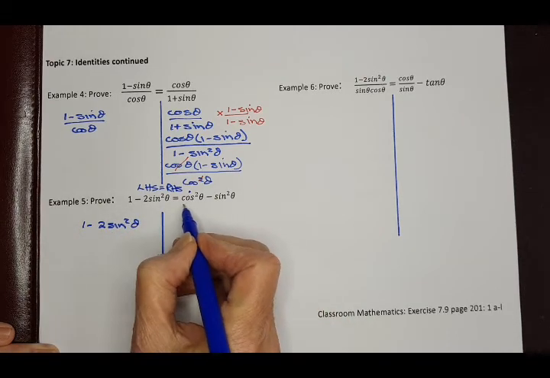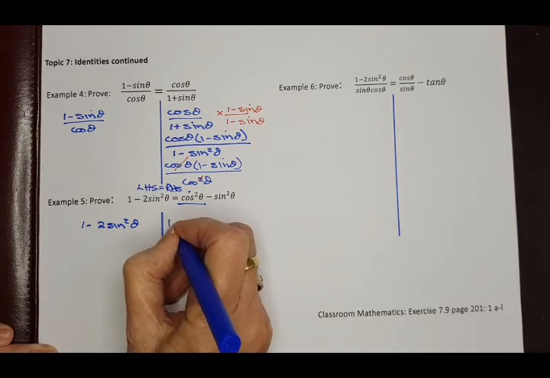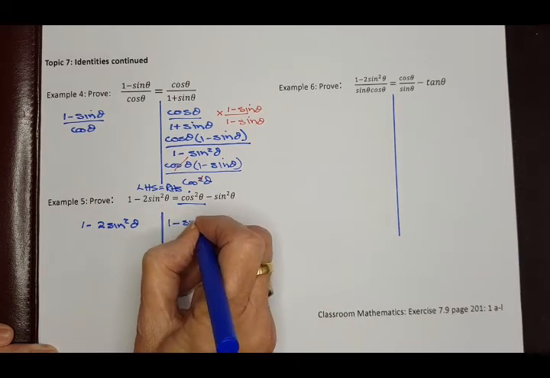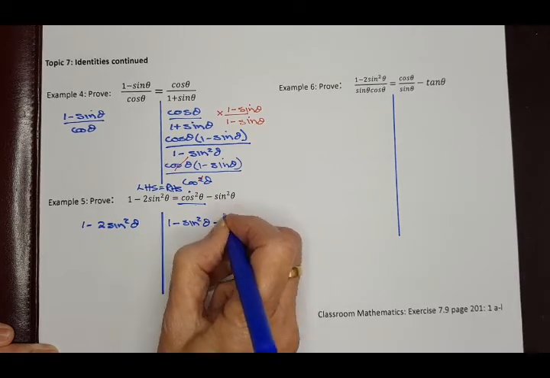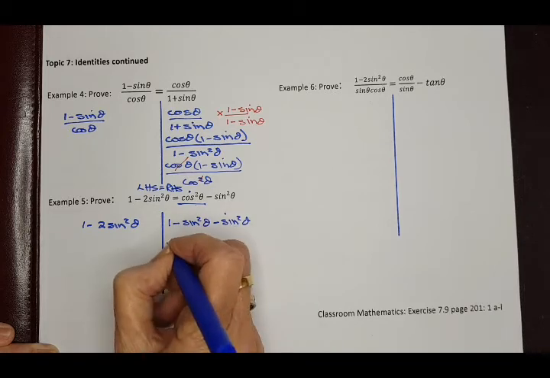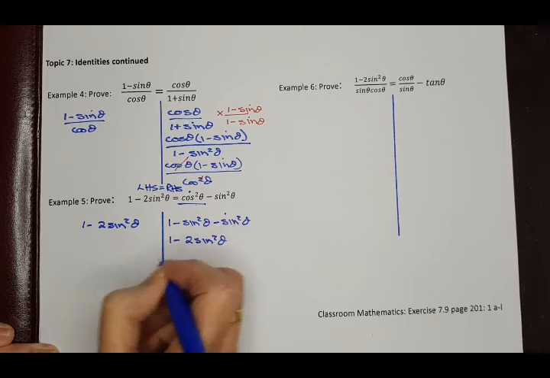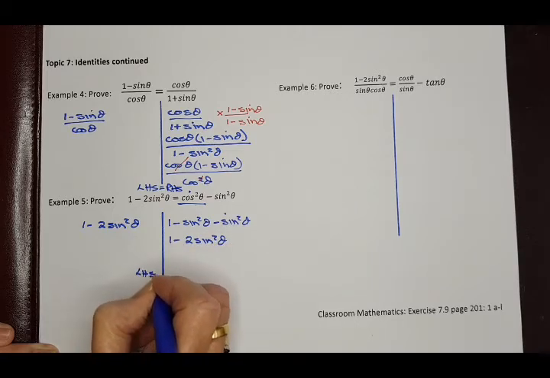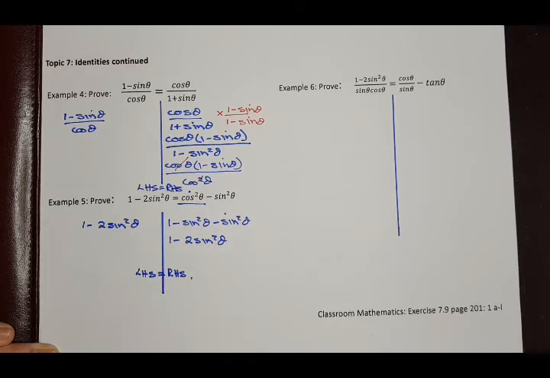So the thing I don't want on the right-hand side is that cos squared theta. I'm going to replace that cos squared theta with 1 minus sine squared theta. 1 minus sine squared minus another sine squared, 1 minus 2 sine squared theta, and my left-hand side is equal to my right-hand side.